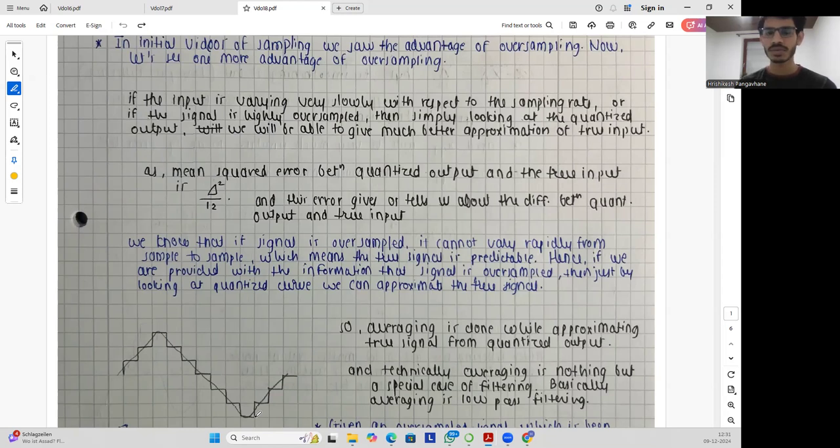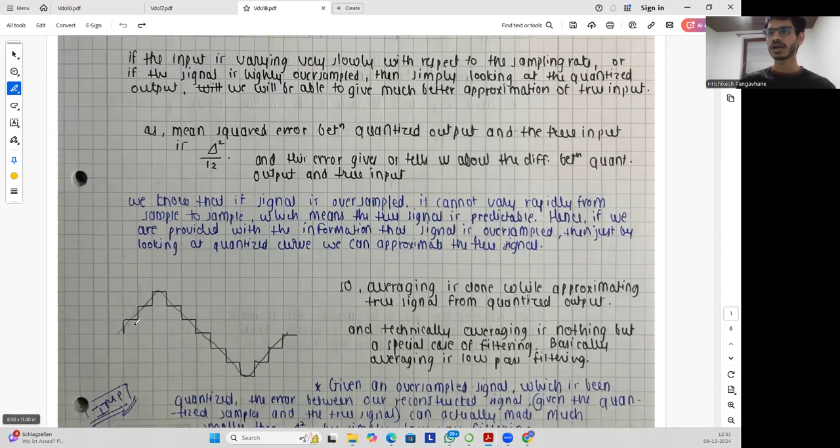So I'll come to this line. Averaging. What we did by approximating: we had the quantization output, and we said this is the curve of the input, and somewhat it will look like this. What we were basically doing is, at every step, averaging the value.